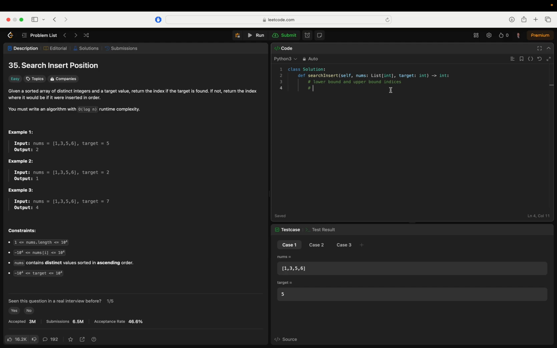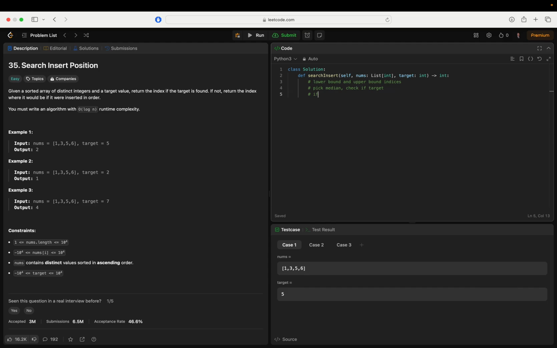Same goes with this. So lower bound and upper bound indices. Pick the middle. I guess it's the median value. Yeah, no, it's the middle value because it's indices. The median would be, well, I guess it is the median. Pick median. Check if target.